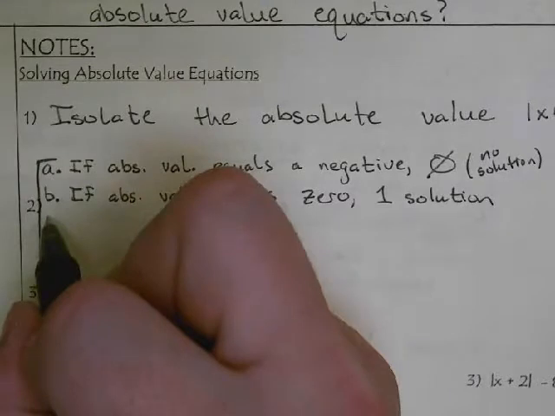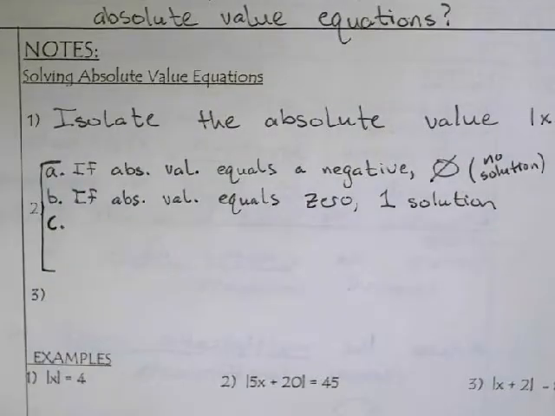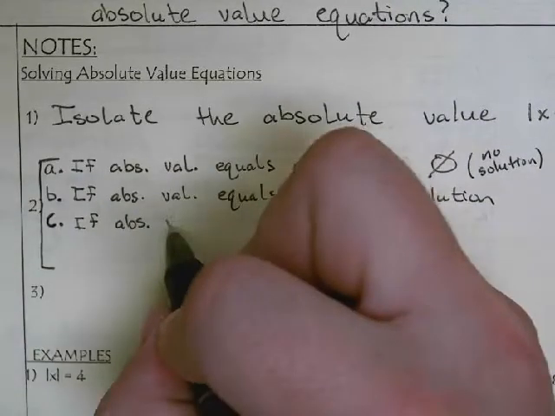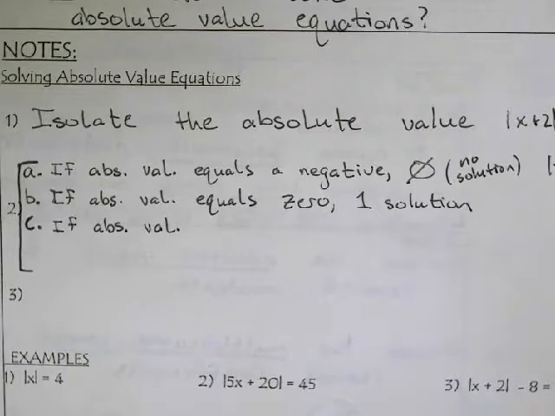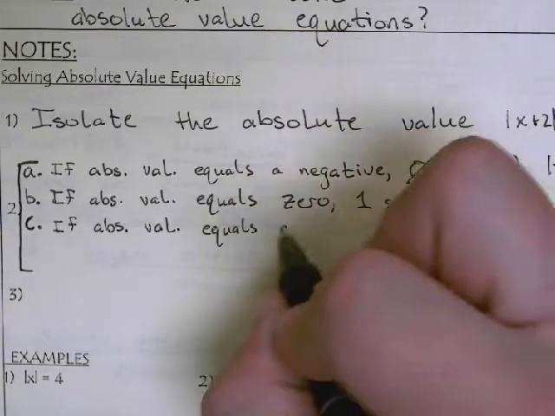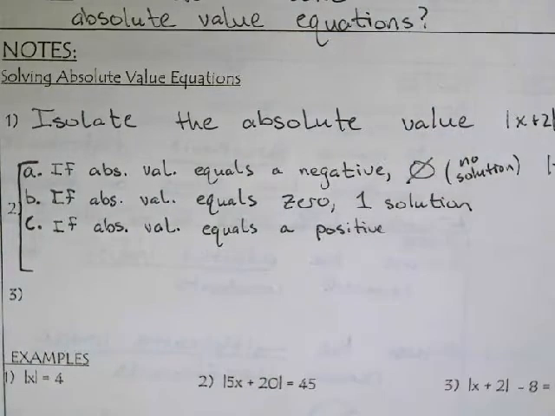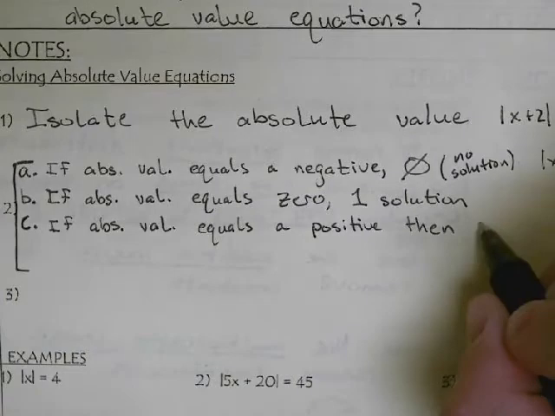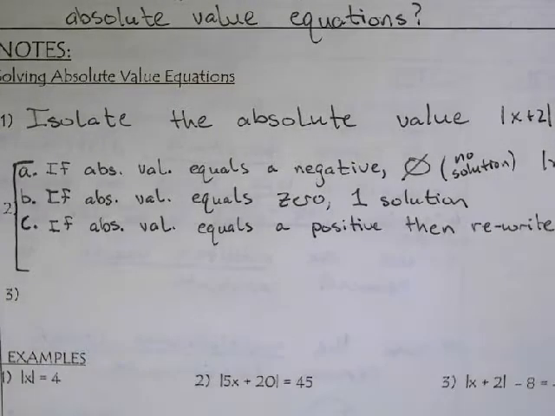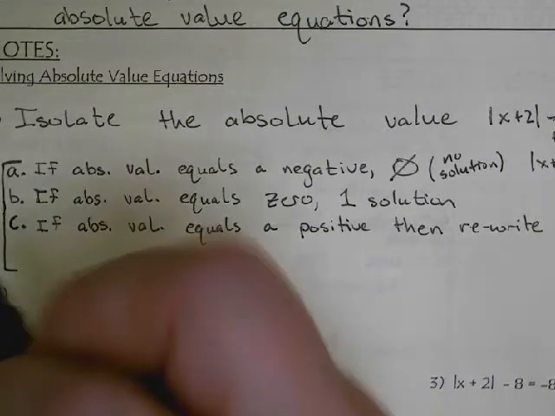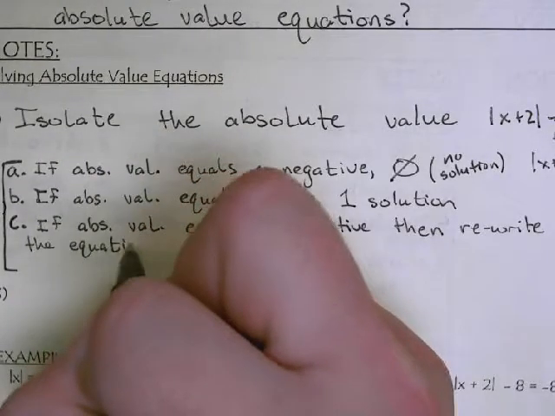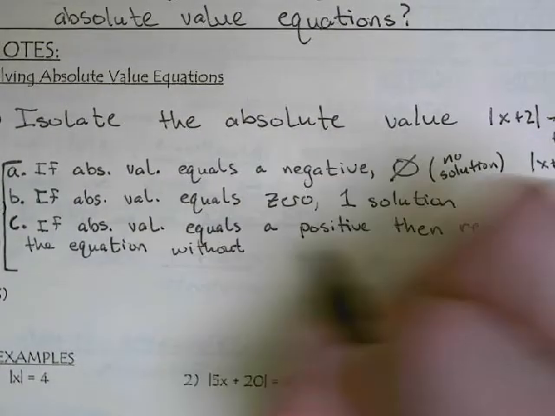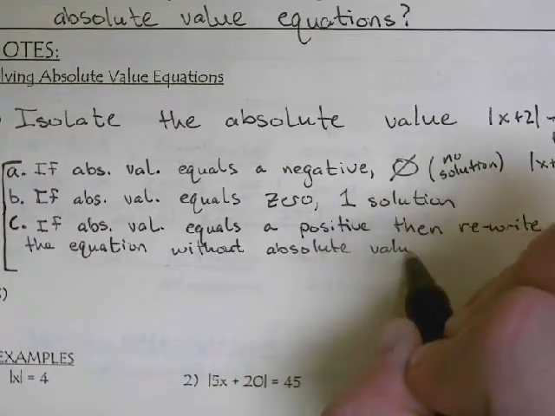And part C is the one we'll run into the most. If absolute value equals a positive, then rewrite the equation without absolute values twice.